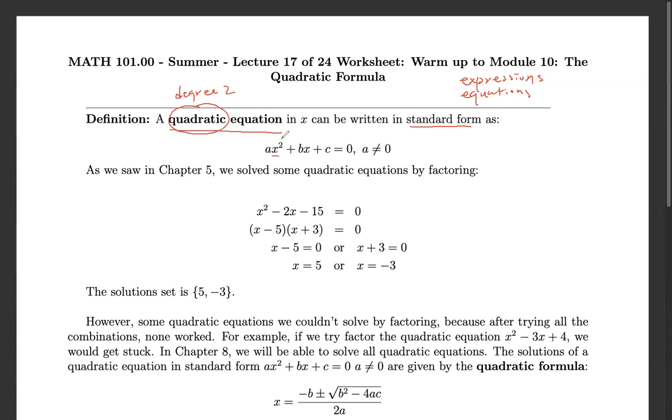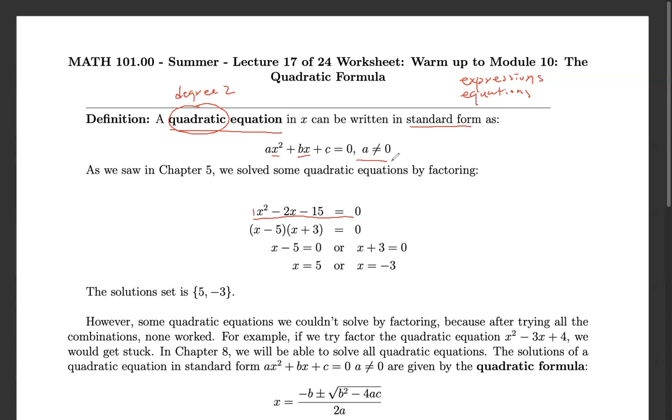So this 2 is the degree. Then we have linear. So bx plus c is linear. And a, b, c here are just some numbers. If we compare to this one, we see a is 1, b is -2, c is -15.